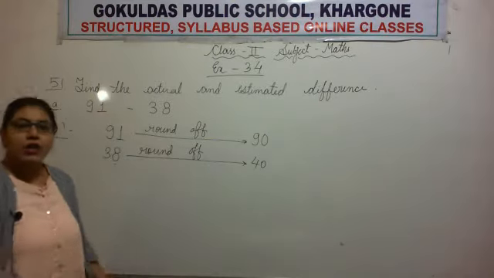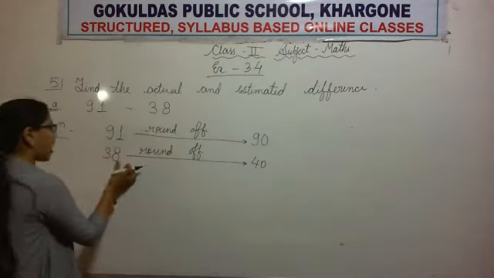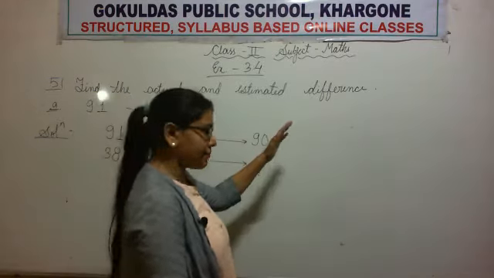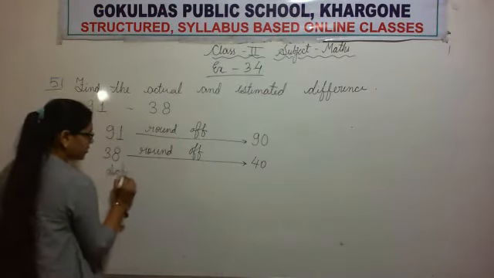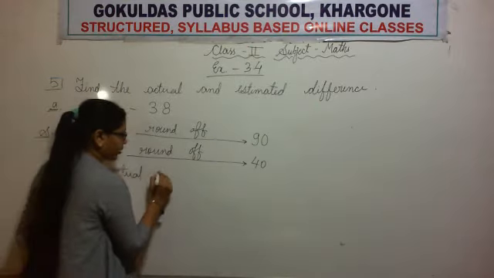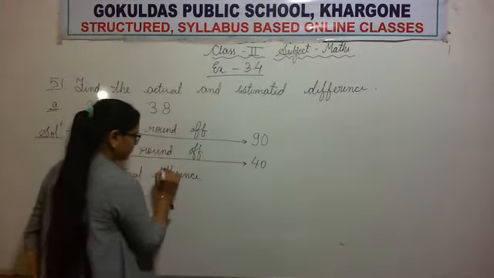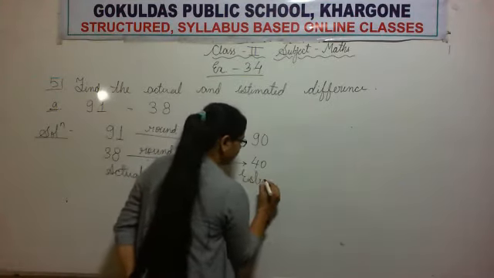So, we will round up. So, this 38 will become 40. Now, we will find the actual difference and the estimated difference. So, let's write actual difference and here estimated difference.